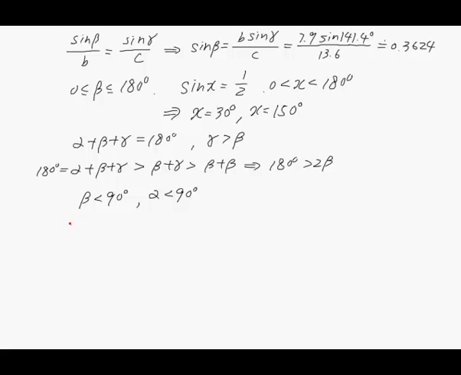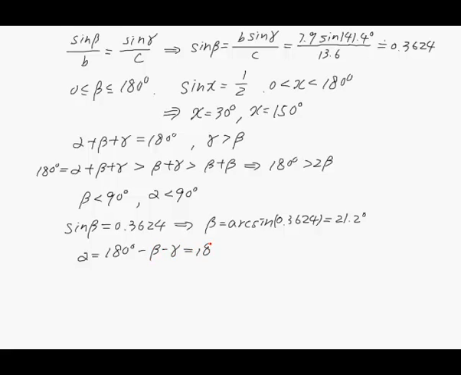So right now, from sine beta equal to 0.3624, then beta is equal to arc sine 0.3624, and this is approximately equal to 21.2 degrees. And then finally, you can find the angle alpha, which is equal to 180 degrees minus beta minus gamma.